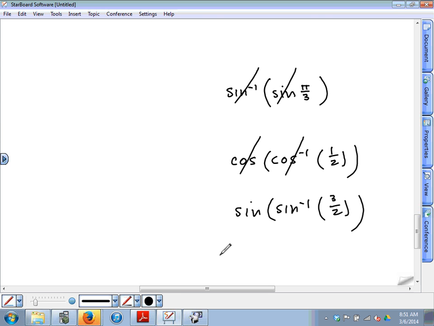Think for just a second before you blurt out an answer. The answer is not 3/2. Domain, think about the domain for inverse sine, you guys, or look in your notes. What's the domain of inverse sine?